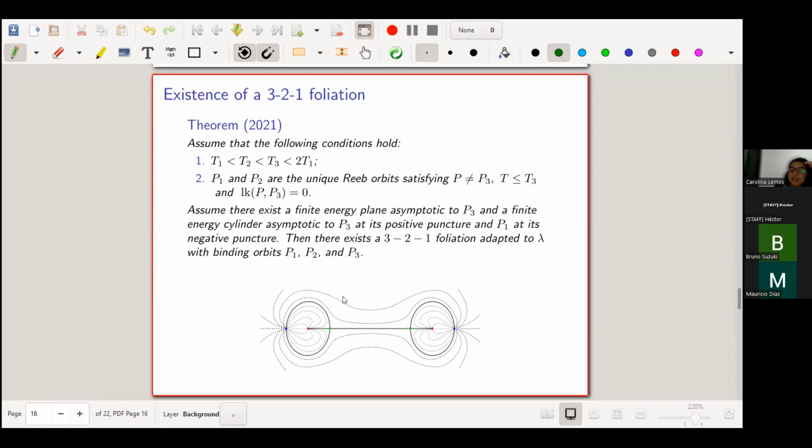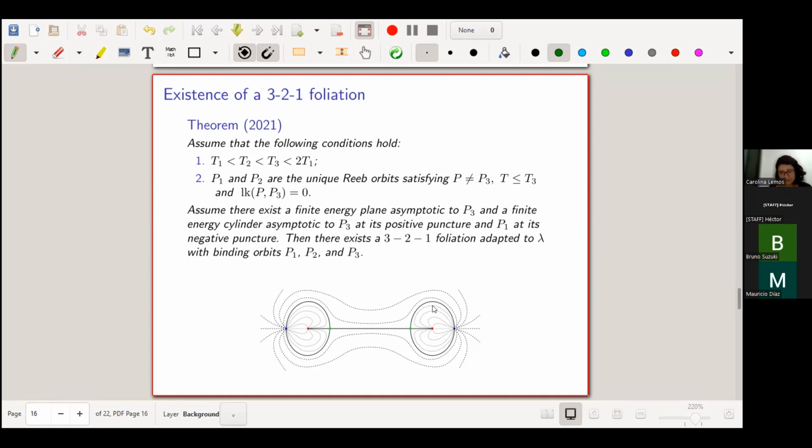Okay, but in this case, since we're assuming that the flow can be degenerate, things are harder, and we have to assume not just the existence of one pseudo-holomorphic plane asymptotic to this orbit here, but we also have to assume the existence of one cylinder. So if you assume this, we can have all the foliation.